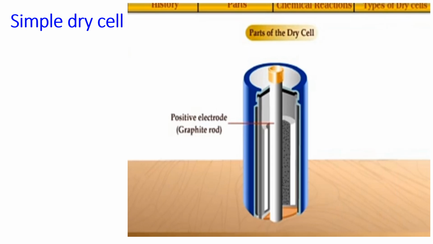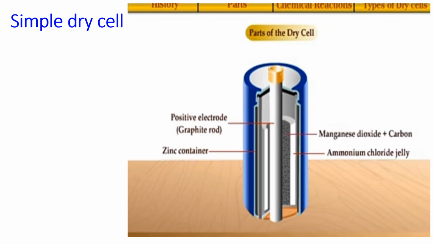We have the graphite rod, which acts as the positively charged rod, and then the zinc container acting as the negatively charged part, then ammonium chloride jelly that has to solidify or liquefy with water to form these cations and anions.